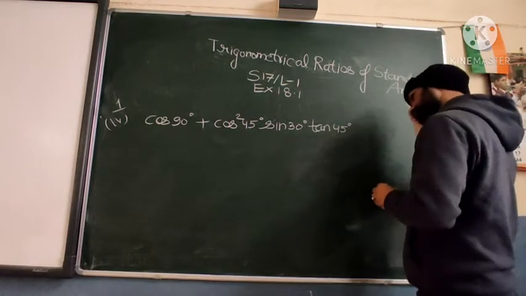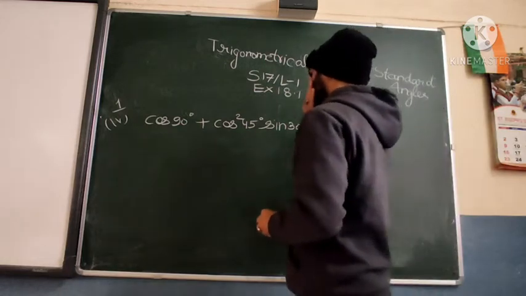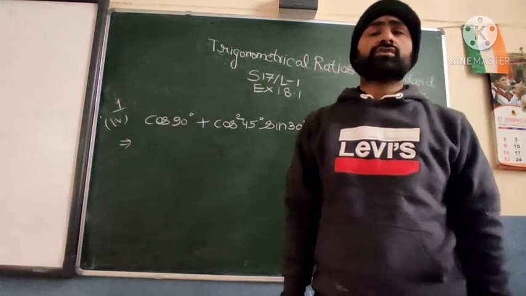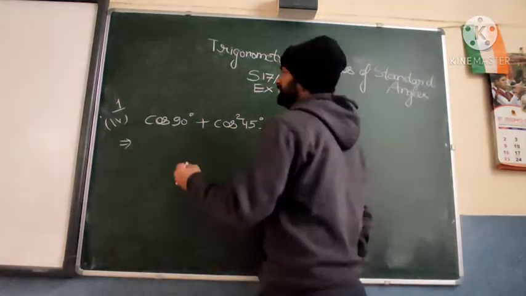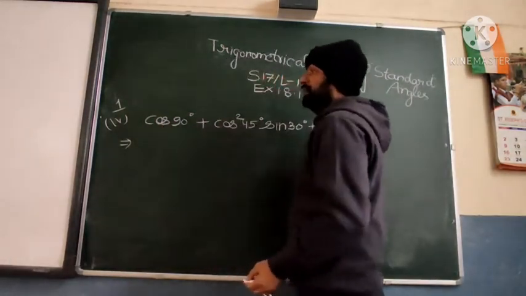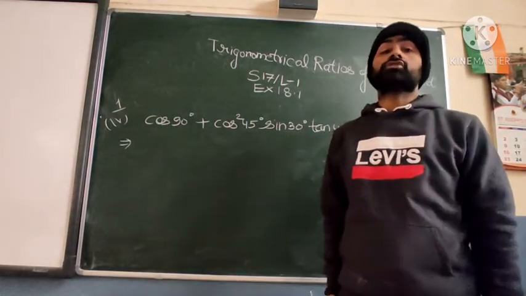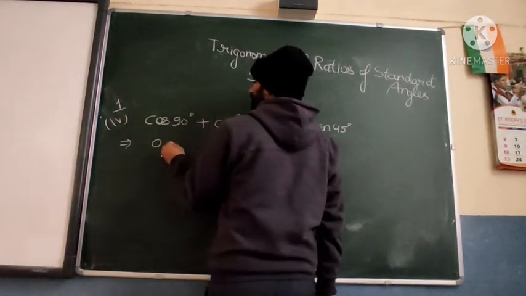Okay, now see, sometimes before putting the values of theta directly, try if something is possible to solve this and also see. Now see, the value of cos 90 is 0. So this value will give you 0.